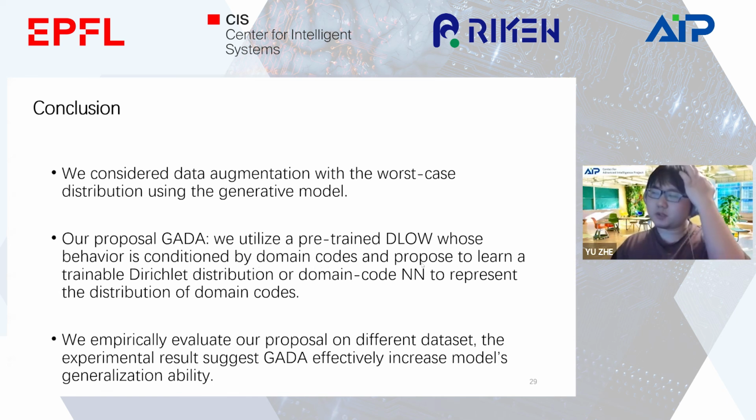And we propose to learn trainable dynamic distributions, or domain code NN, to represent the distributions of the domain codes. We empirically evaluate our proposals on different datasets, and the experimental results suggest that the GDA effectively increases the model's generalization abilities.